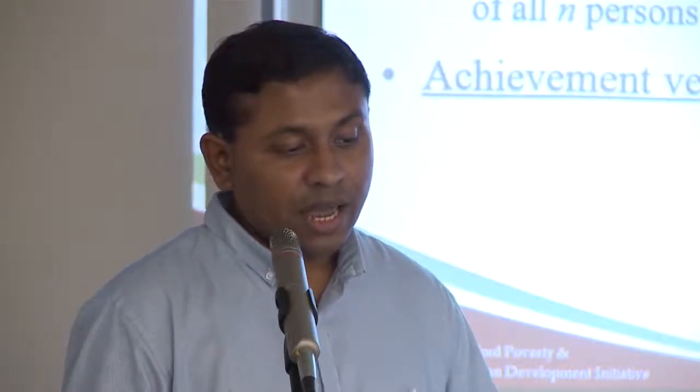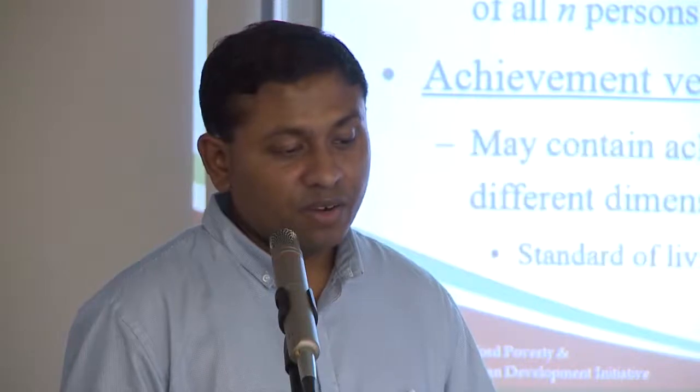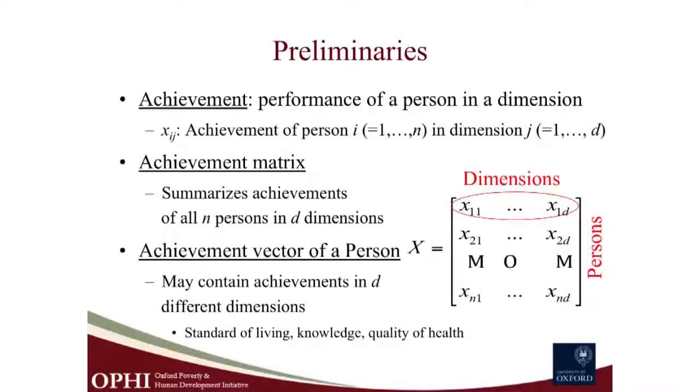So for achievement, it is just the same. We denote by Xij the achievement of person i in dimension j. The achievement matrix can be similarly defined, and the achievement vector of a person, in this case, this is the right one. So it's different dimensions, could be standard of living, could be knowledge, which can be measured by education, quality of health, measured by different indicators.